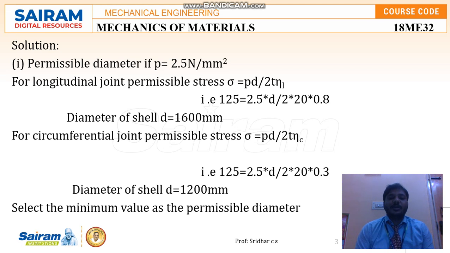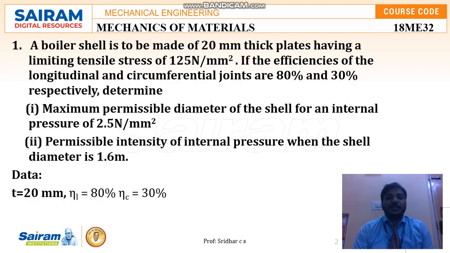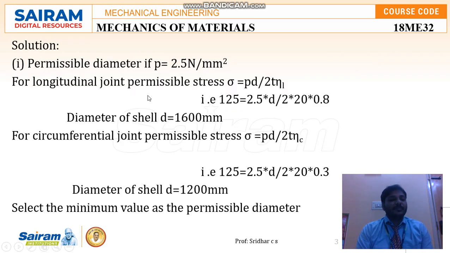If I make that substitution, we get the diameter of the shell D as 1600 mm. This is the permissible diameter for the longitudinal joint. Similarly, since the problem gives both longitudinal and circumferential joints, we need to find the diameter for both, then take the minimum value, which is the suitable one. Now we have the permissible diameter for a pressure of 2.5 Newton per mm square for the longitudinal joint.